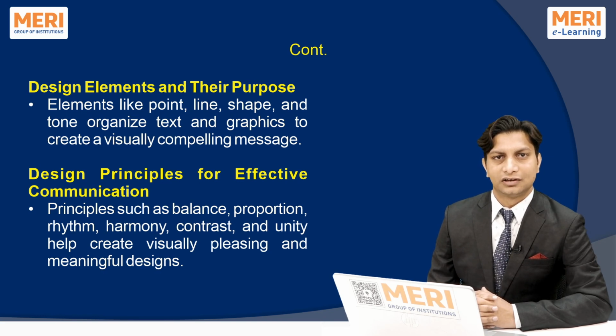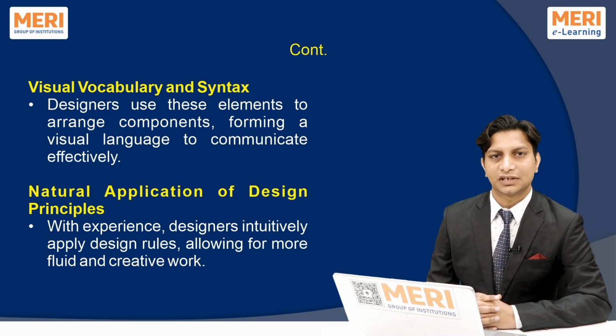A designer must understand various design components such as point, line, shape, and tone, as well as how to use balance, proportion, rhythm, harmony, contrast, and unity to communicate effectively. These elements form the visual vocabulary and syntax of design, helping the designer arrange and position the various components to create a unified visual message.